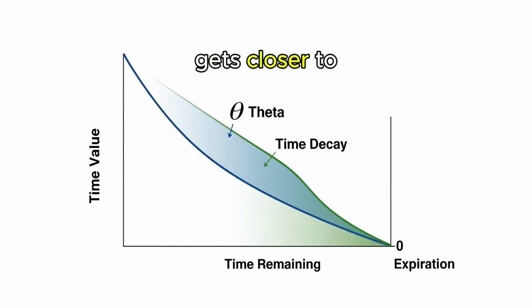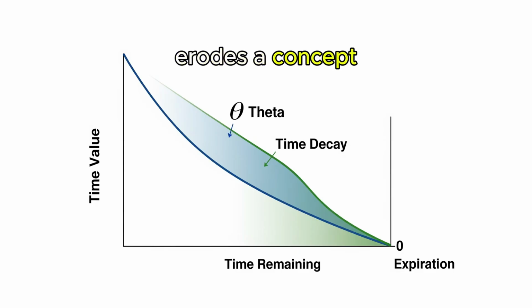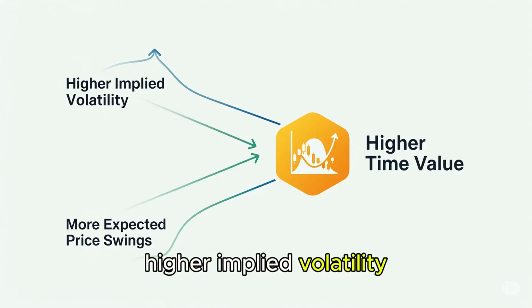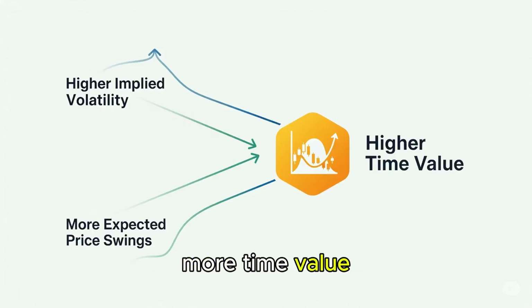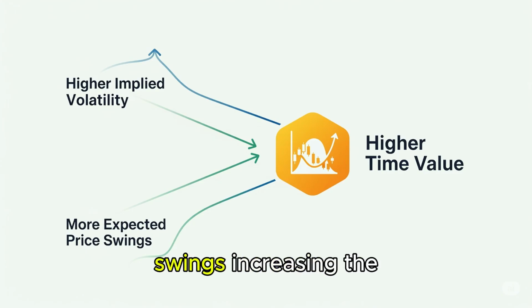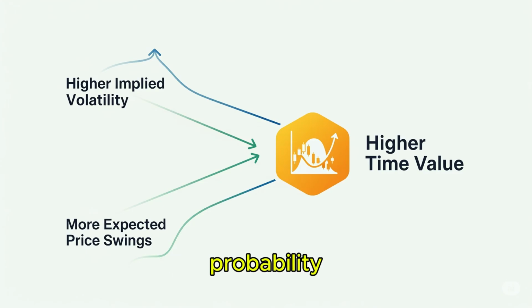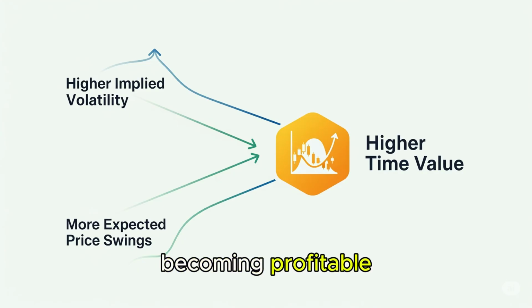As the option gets closer to its expiration date, its time value erodes, a concept known as time decay, which we'll explore in detail with the Greek theta. Higher implied volatility also leads to more time value, because it reflects a higher expectation of large price swings, increasing the probability of the option becoming profitable.